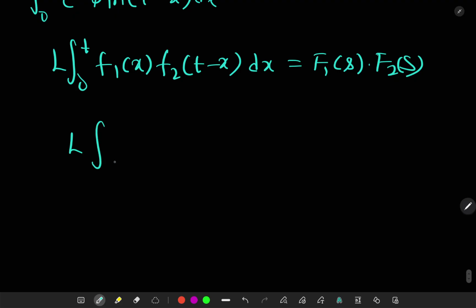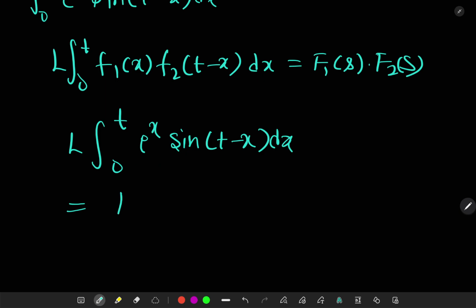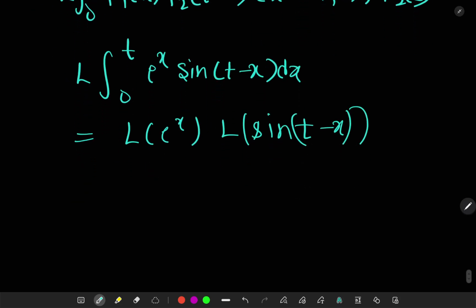Here the Laplace transformation of integral 0 to t e raised to power x sin(t-x) dx is equal to F1(s) F2(s). So we need to find the Laplace transform of e^x, and also the Laplace transformation of sin(t-x). The Laplace transformation of e^x is equal to 1 by s minus 1, here a is equal to 1, and the Laplace transform of sin t is 1 by s square plus 1.